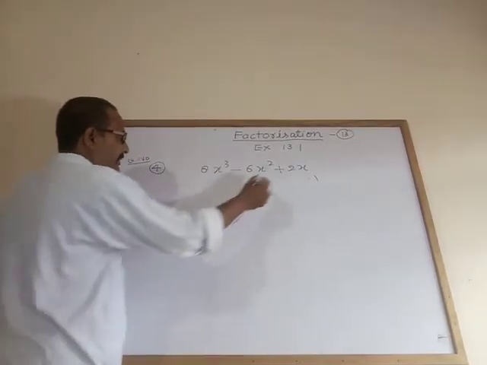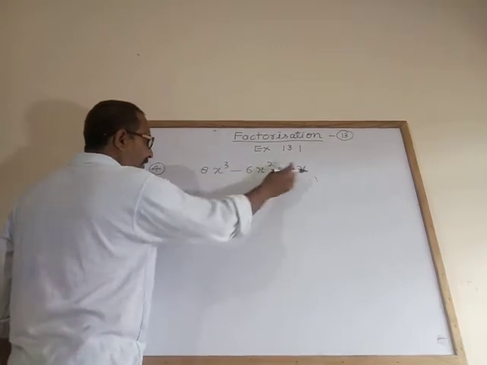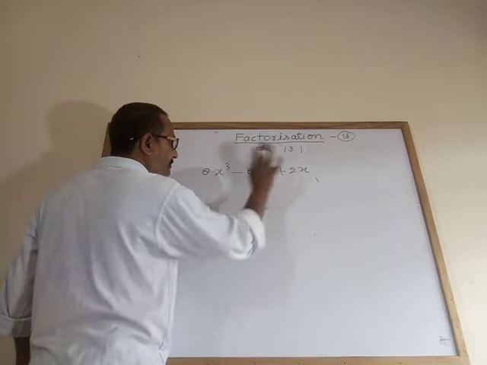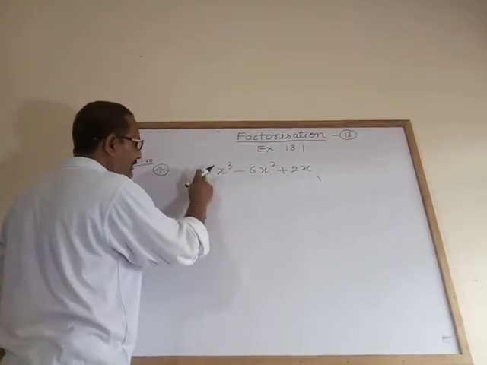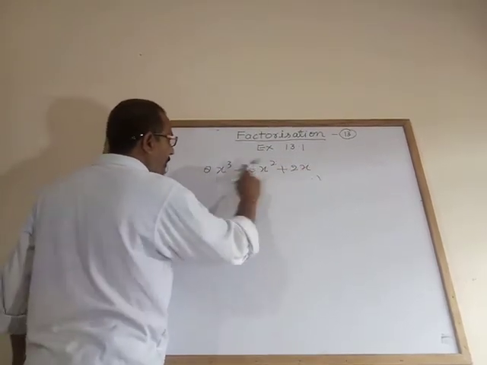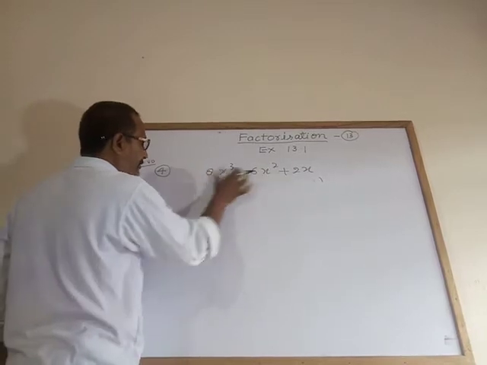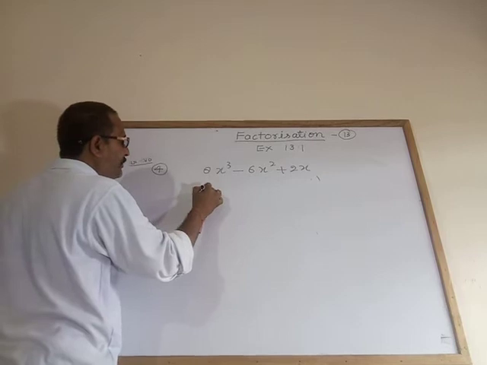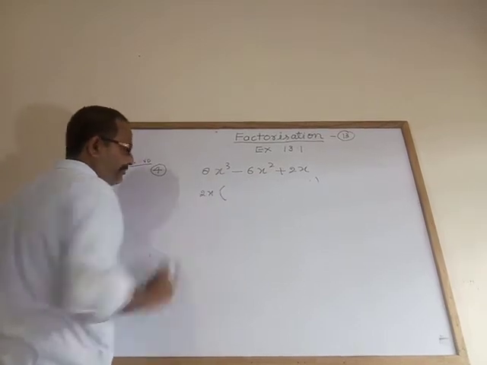See that x is already present in all three terms. The minimum power of the variable is x, and now see that in the constants, 2 is the common factor of all the terms, which means 2x is a common.